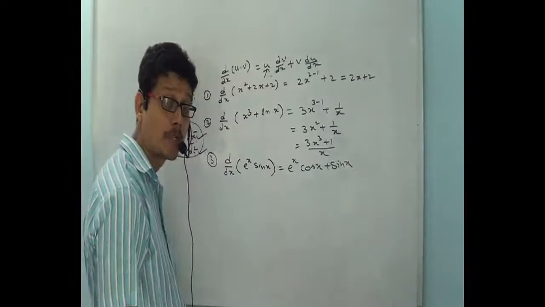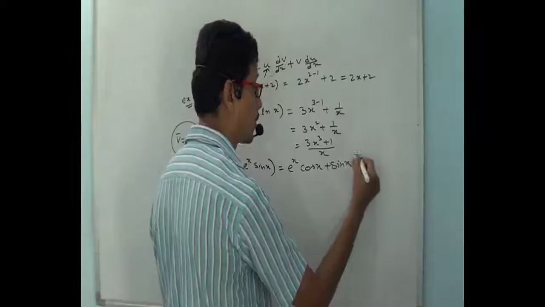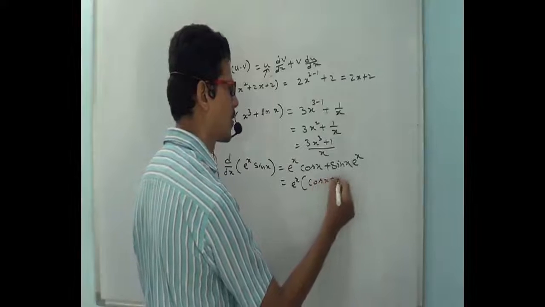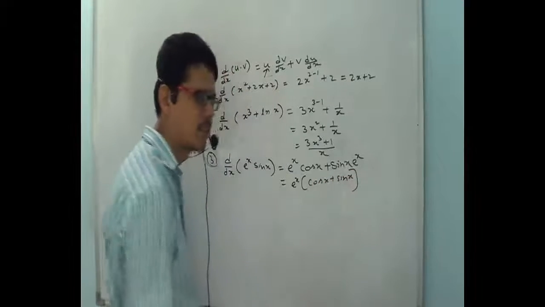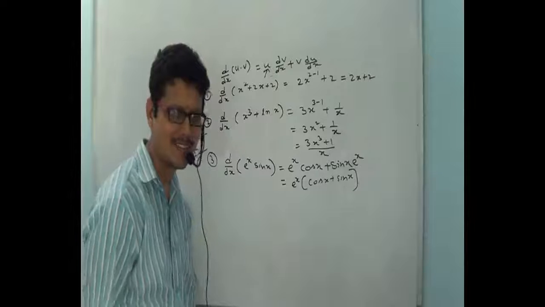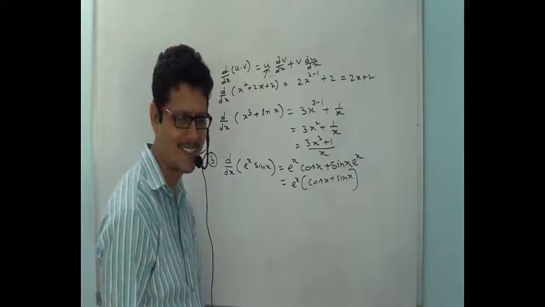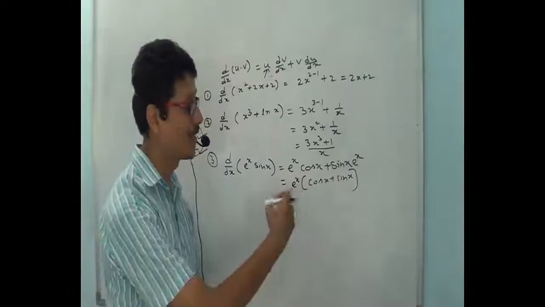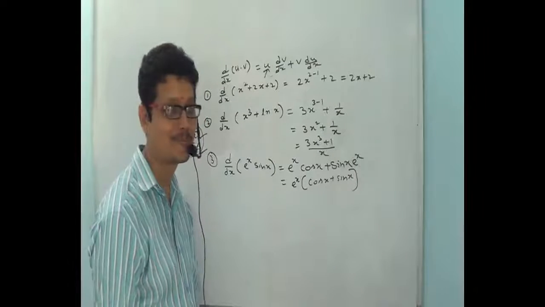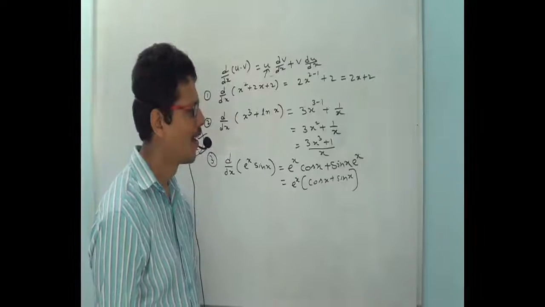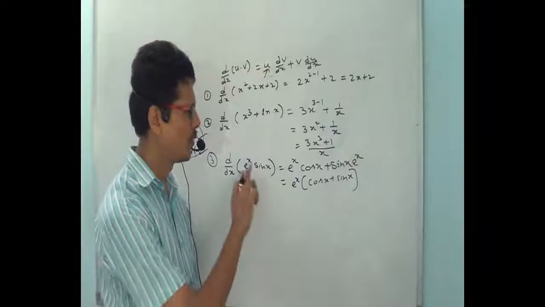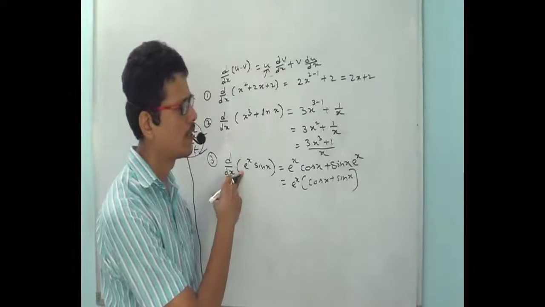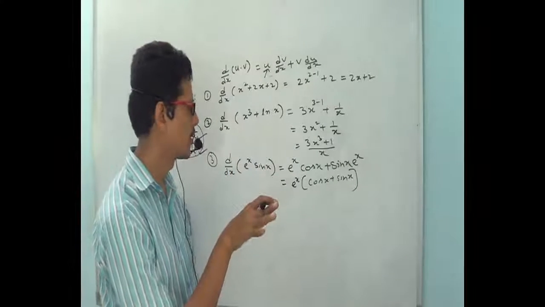So e power x you take common: cos x plus sin x. This is the final answer. This is the UV rule: u into derivative of v plus v into derivative of u, and the derivative of e power x is e power x only, right?